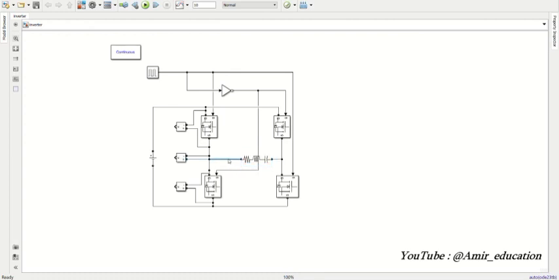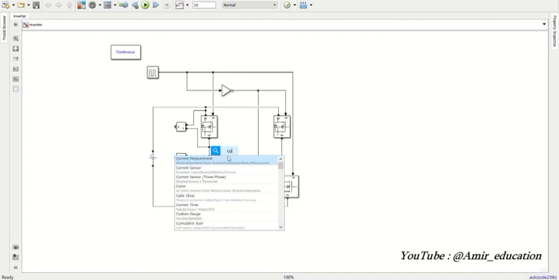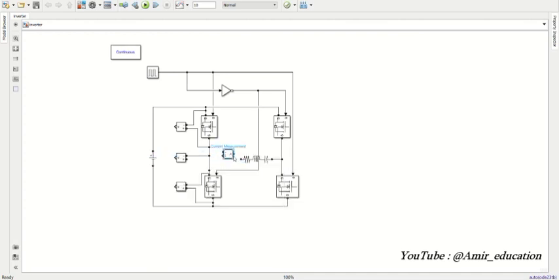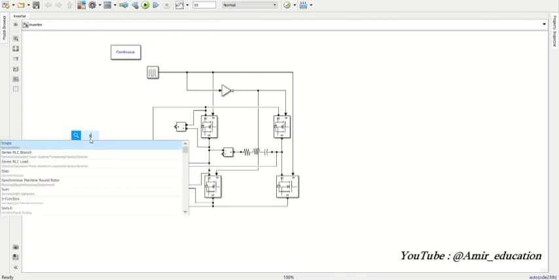We should also add our current measurement. So, and this connect to this part, and we need a scope.